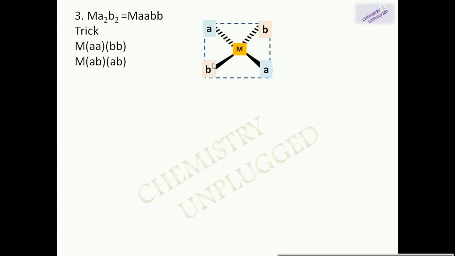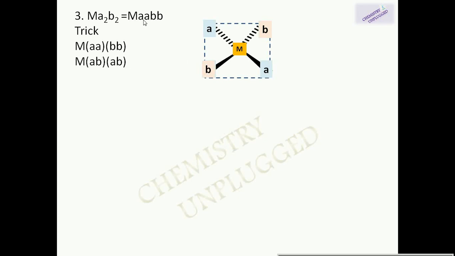So what is the meaning of this bracket? It means this A ligand is trans to this A ligand and this B ligand is trans to this B ligand. So A is trans to A and B is trans to B, and this position is known as trans.